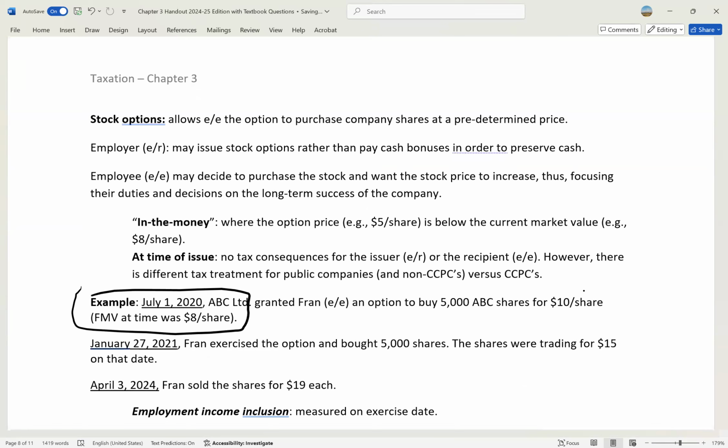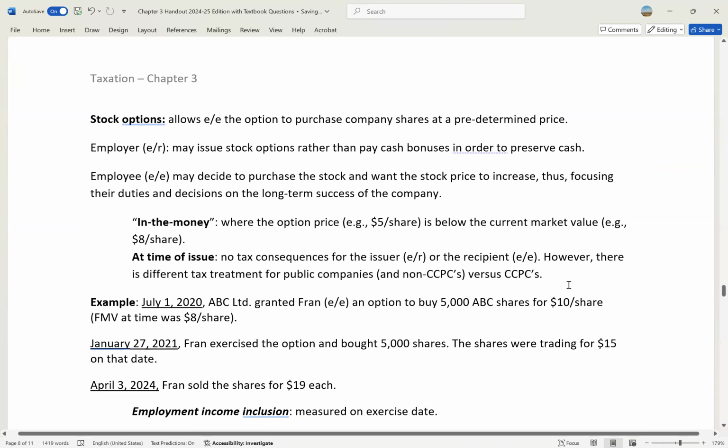July the 1st, 2020, ABC Limited is going to grant Fran, the employee, a stock option to buy 5,000 shares in ABC for $10 per share. And at the time the stock option was granted, the fair market value was $8.